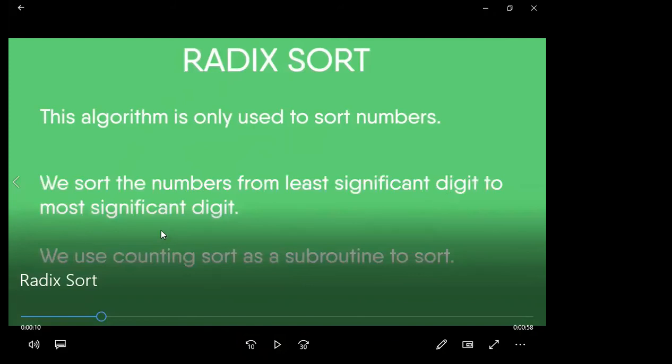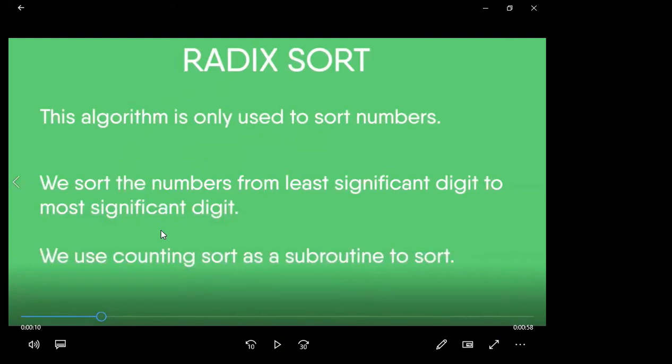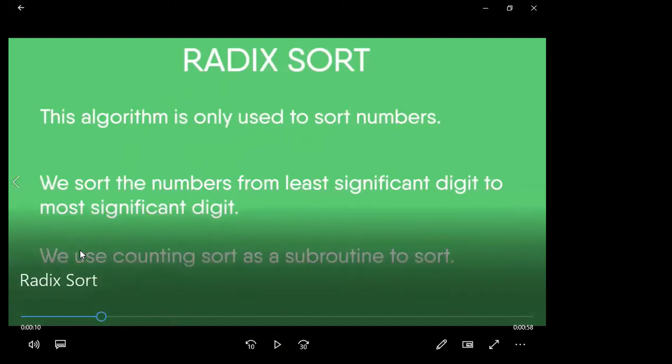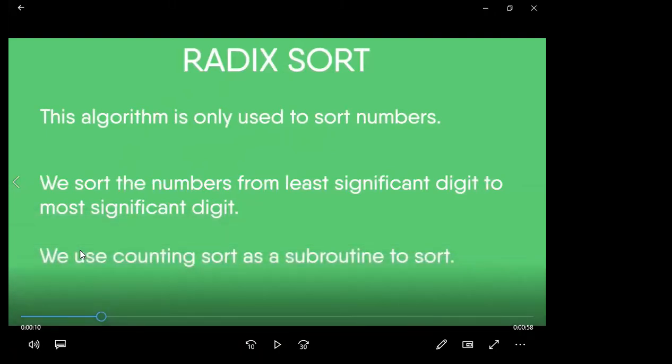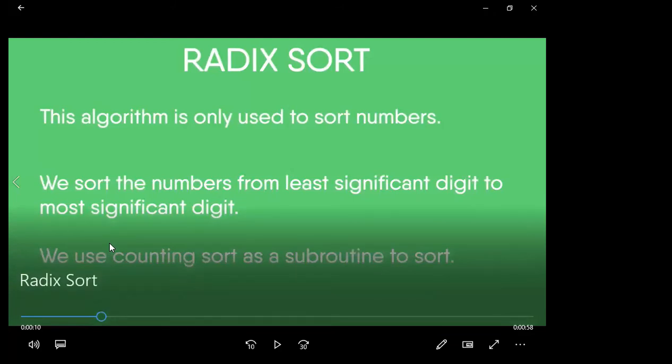So first we'll consider the least significant digit and then we'll go towards the most significant digit. We use counting sort as a subroutine to sort, like we did in heap sort. We called heapify and build max heap. In a similar way, we will call counting sort in the radix sort. So counting sort we have already understood, and now we will see how the radix sort will work.